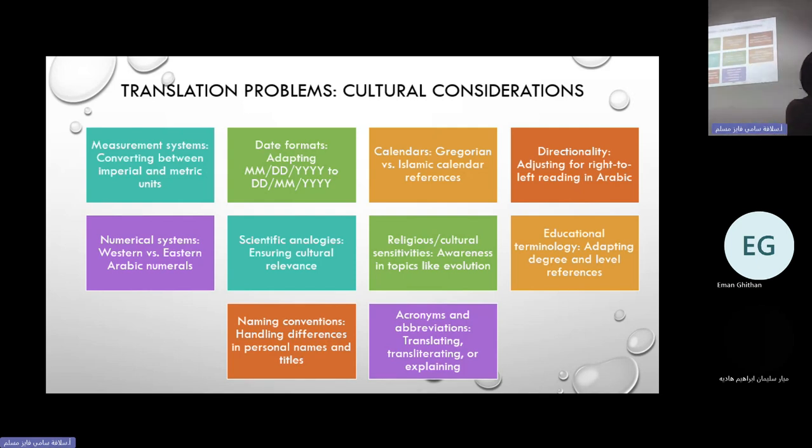For example, in America, they use the imperial measurement system, while we use the metric. Yani we use cubic meters, kilometers, meters. They use pounds, they use libras, they use inches, and so on. Okay?